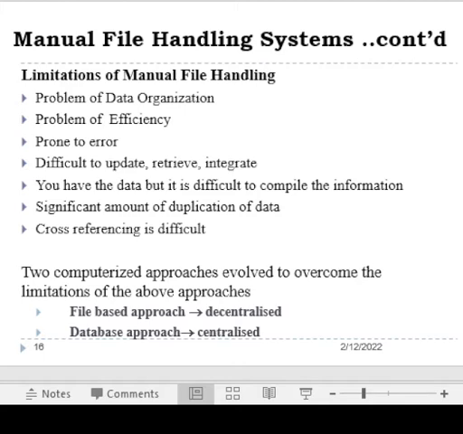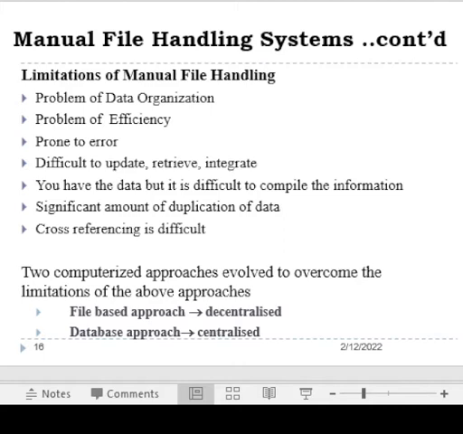It is very prone to error and also difficult to update. When you need to update, retrieve or integrate the data together, it is very difficult since this manual file handling system is mostly or 100% paper based. We use paper to store the data. So if you want to update someone's file, it takes a long time to update, retrieve or integrate, and even if you have the data, it is difficult to compile information.